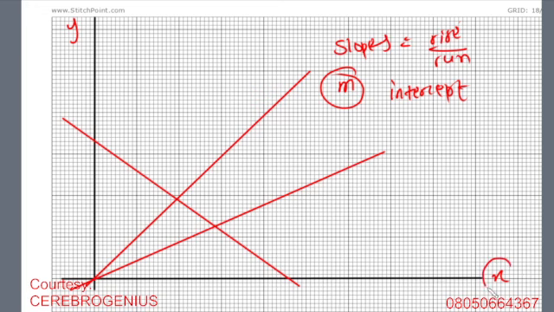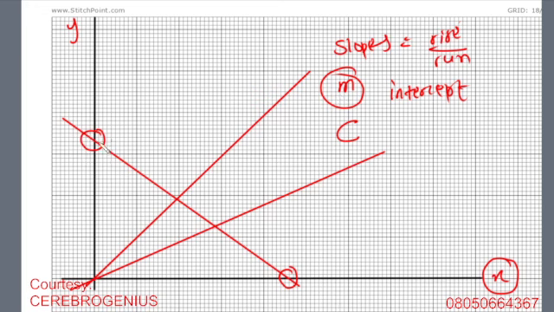Where it cuts the horizontal axis is the x-intercept. At this point you have your x-intercept, and where it cuts the vertical axis is the y-intercept. So at this point you have your y-intercept. The one that is most important is the y-intercept, and we represent it as c.